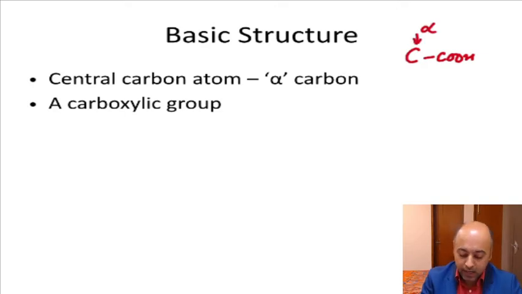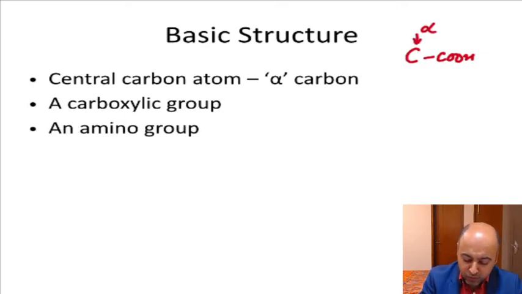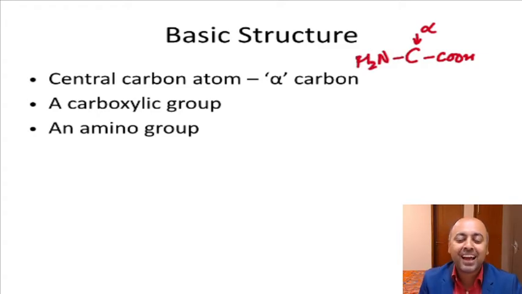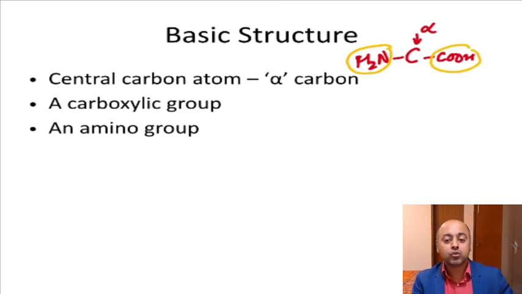And to the same carbon we will typically have the amino group. So we have the carboxylic group and the amino group. So that is amino acid. This is the amino and this is the acid part. So these are the two main components of the molecule called the amino acid.